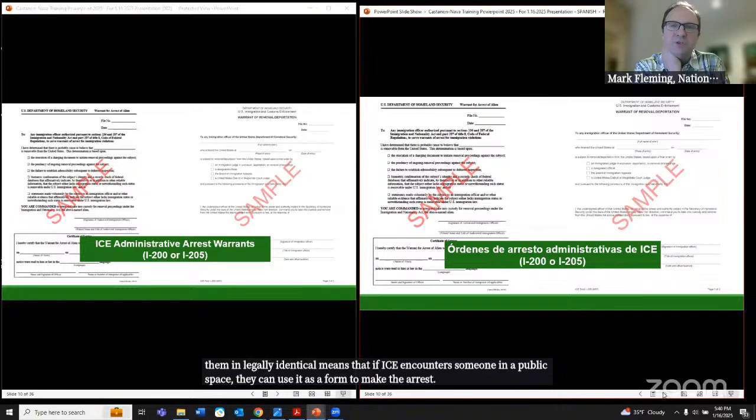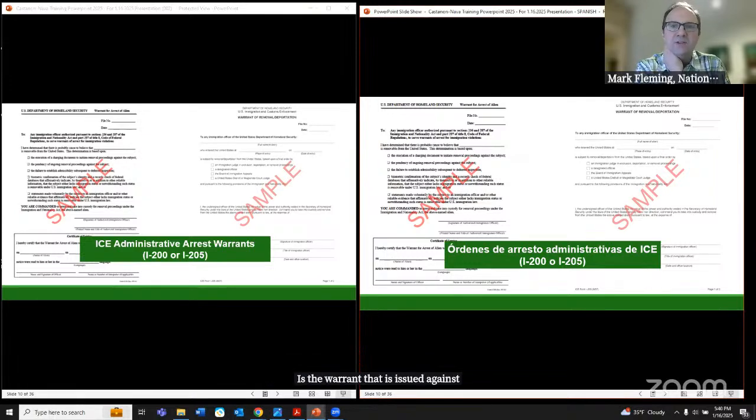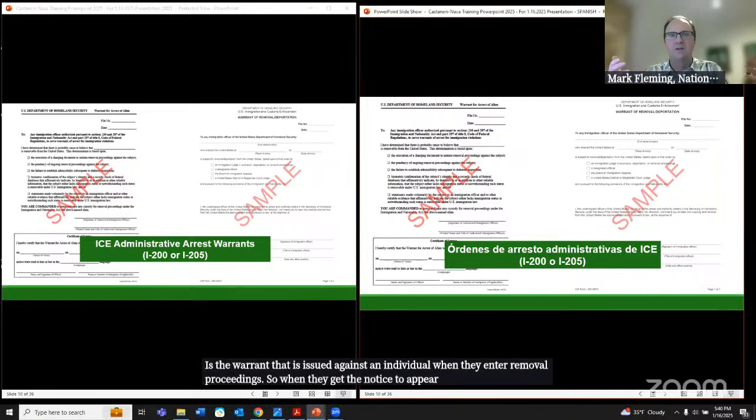The difference between the two is the one on the left, the I-200, is the warrant that is issued against an individual when they enter removal proceedings. So when they get the notice to appear and they are subject to either detention where they're eligible for bond or mandatory detention, that's the warrant that triggers that authority on the front end of a removal proceeding.